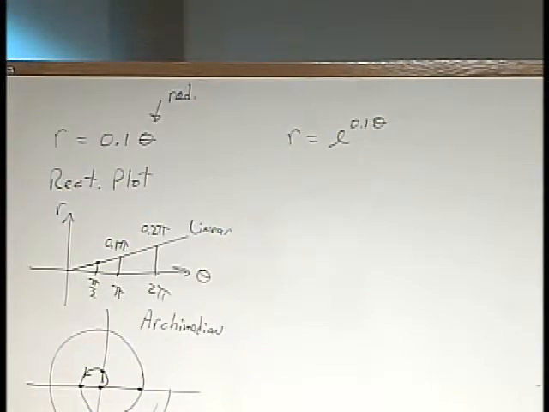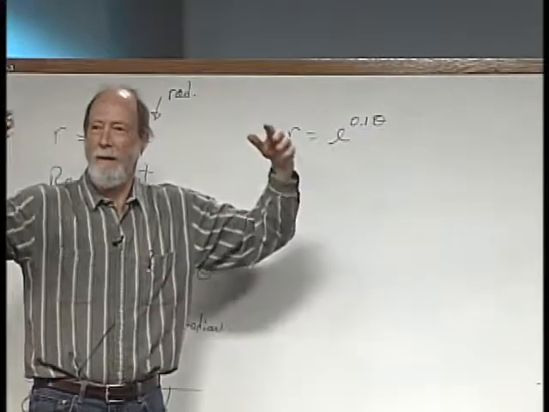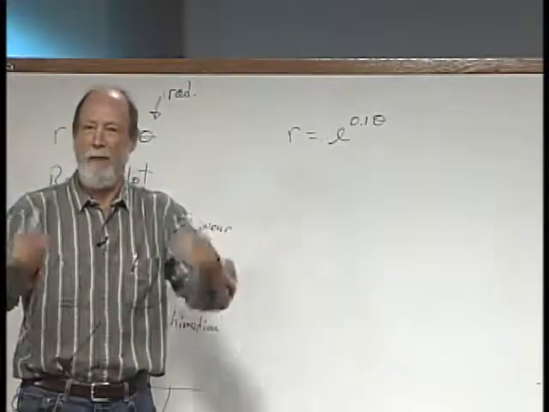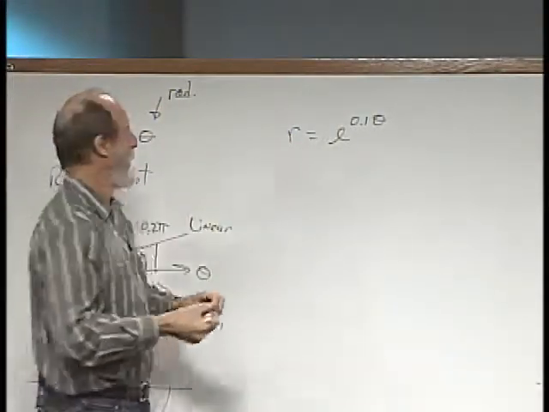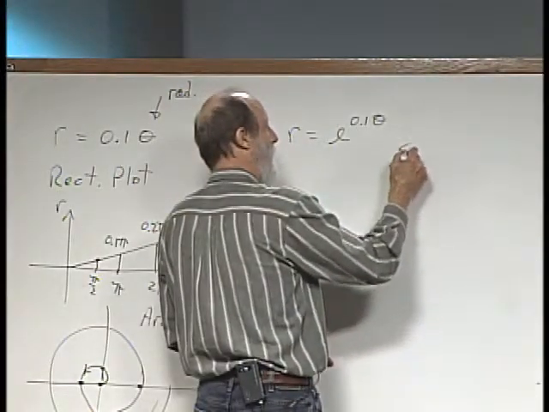How will that radius grow? What's the operative word here? Exponentially. Thank you. The radius is growing exponentially. So this is going to be an exponential spiral.